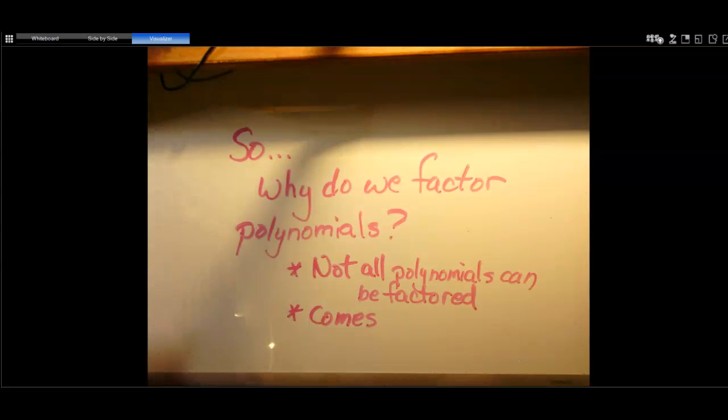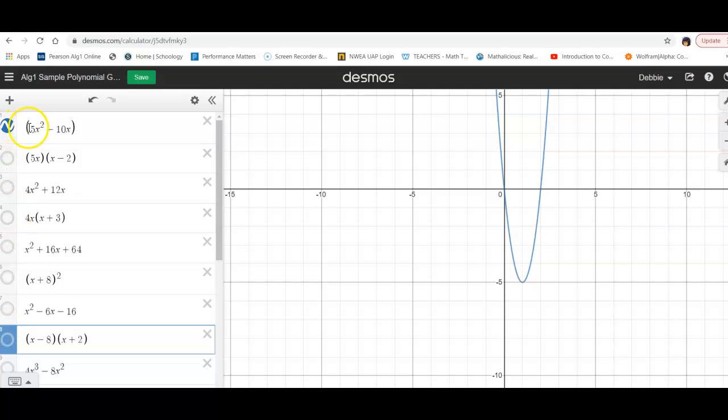So let's go to Desmos and take a look at some quadratic expressions, both binomials and trinomials, and I would like you to notice something about the factored form and the graph. So let's take a look.